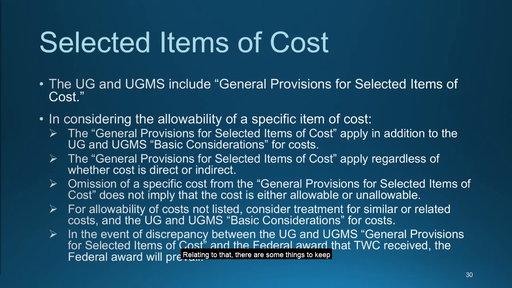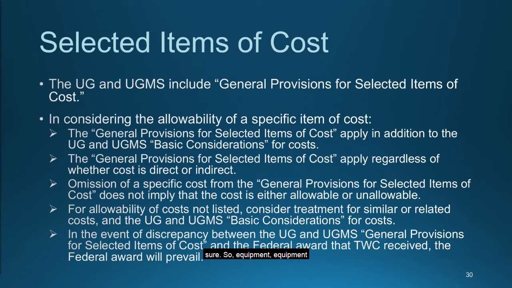Relating to that, there are some things to keep in mind, and that's what's bulleted on this page, and that's the extent of what we're going to cover today. Just because something is listed as an allowable cost under those selected items doesn't necessarily mean it's always going to be allowable under your grant award. Let me explain what I mean, because that sounds confusing. Take equipment.